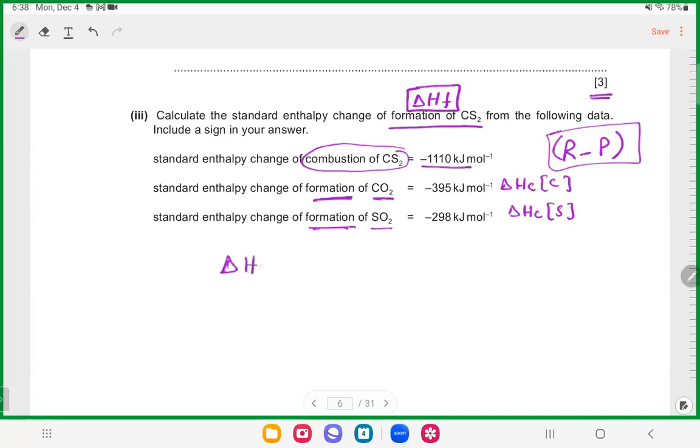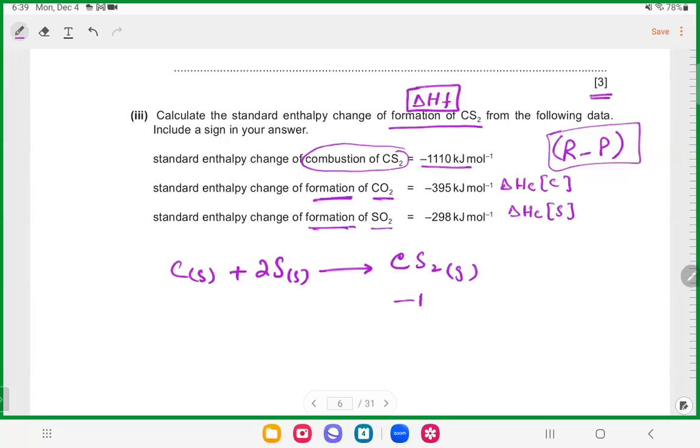So can I say that delta H, सबसे पहले तो हम इसकी equation लिखेंगे formation की, CS2 forming from carbon plus 2 times of sulfur. यहाँ एक confusion ये आता है, बच्चे कहते हैं सर sulfur exists in S8 form, okay, so do we have to write it as S8? तो S8 लिखने की जरूरत नहीं है, normal sulfur से आप balance कर सकते हैं, okay.